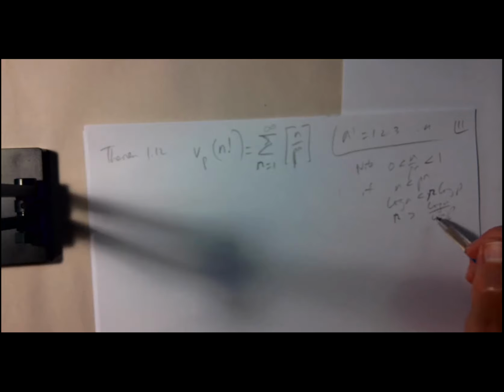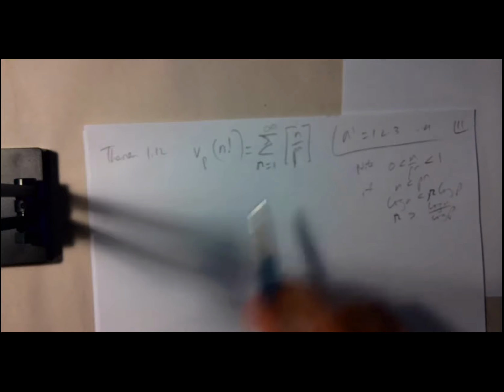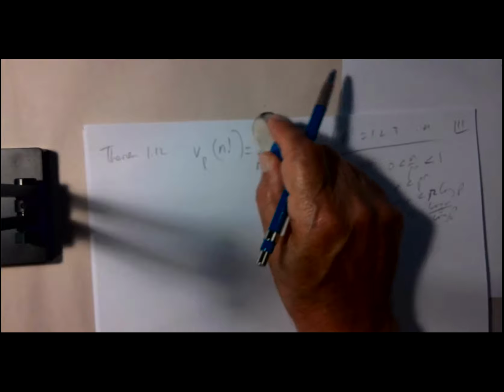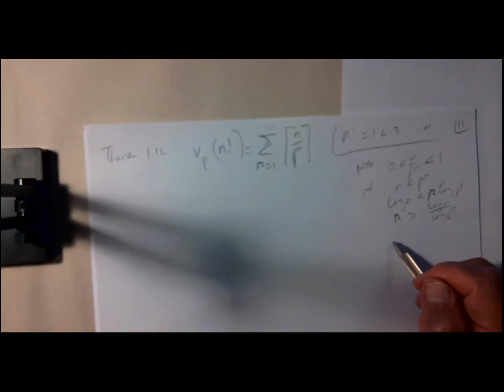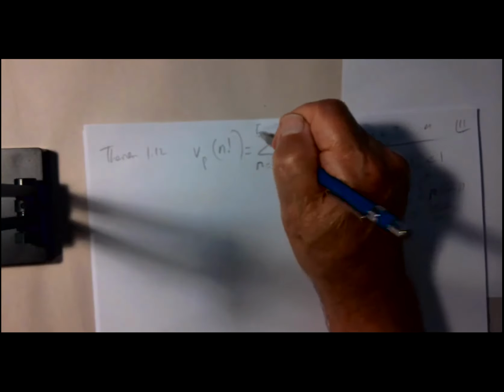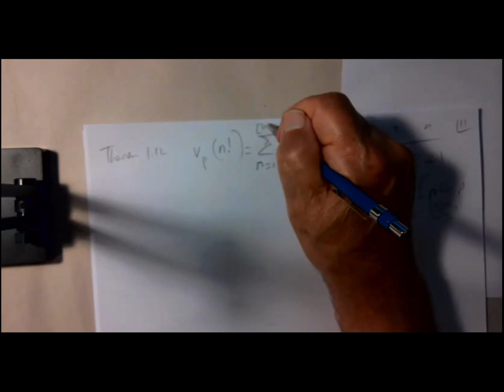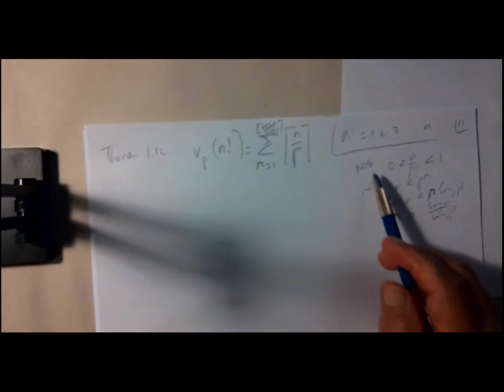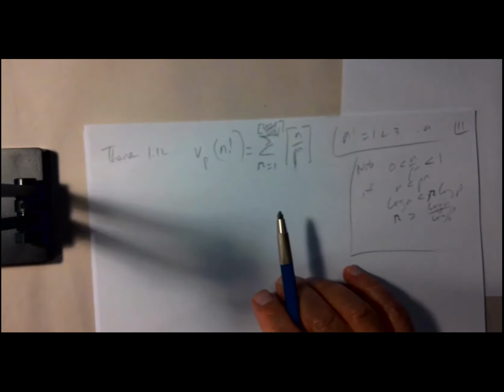So as soon as this integer r is greater than log n over log p, n over p to the r is less than 1, and this is 0. So you can either say this goes up to infinity, or up to the last point which is positive, which is the integer part of log n over log p. That's the way it's written in the text.